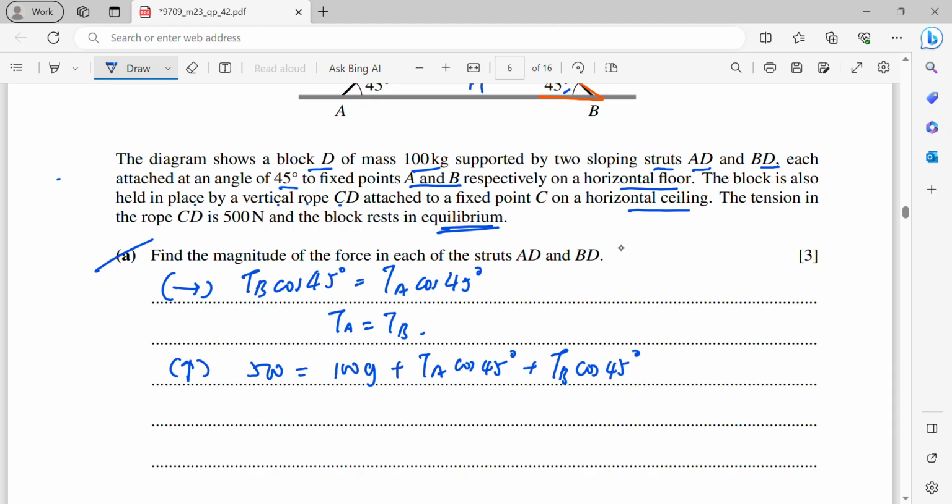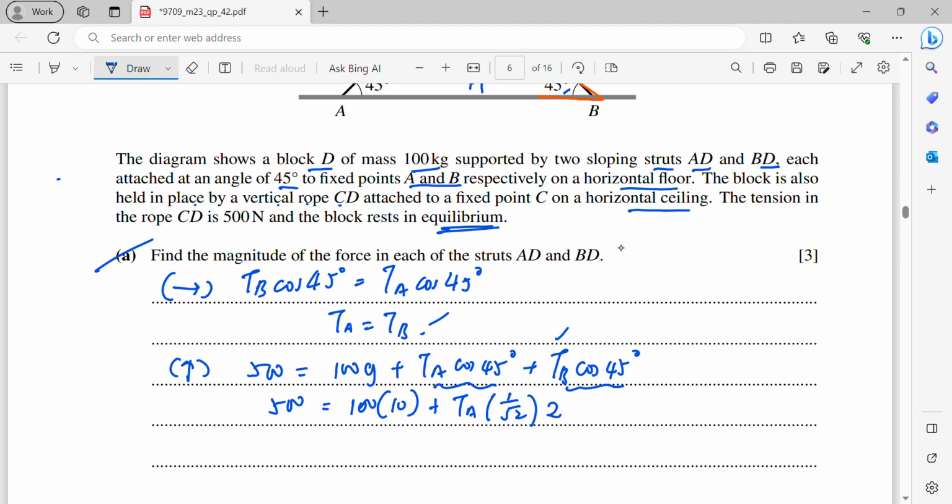Or you can write TA sine 45 degrees plus TB sine 45 degrees. They will be the same. So from here, I will get 500 equals to 100 times 10, because the G is 10, plus this TA cos 45 degrees is 1 over square root 2. Now TB is same as TA. That means these two terms are the same, so I will just times 2.